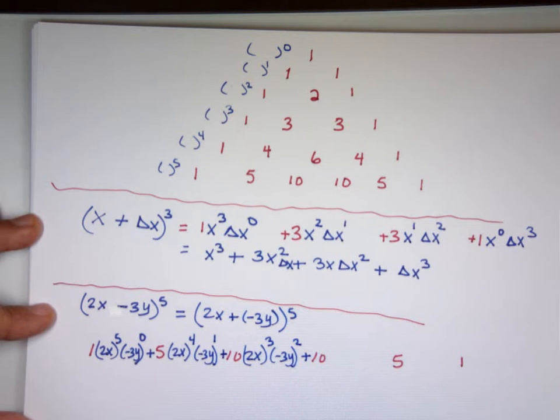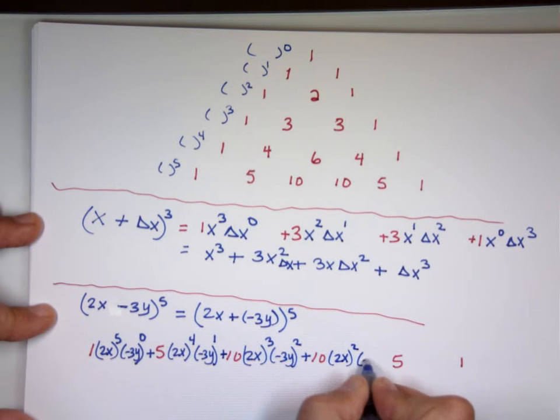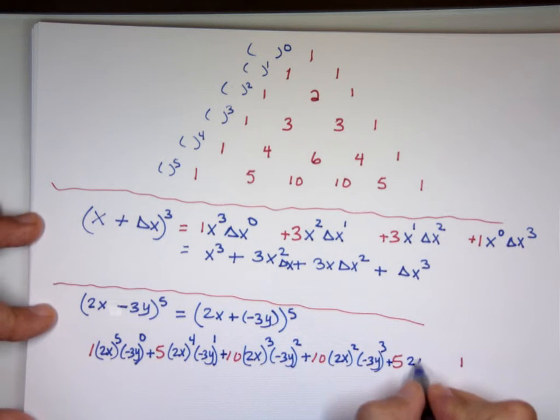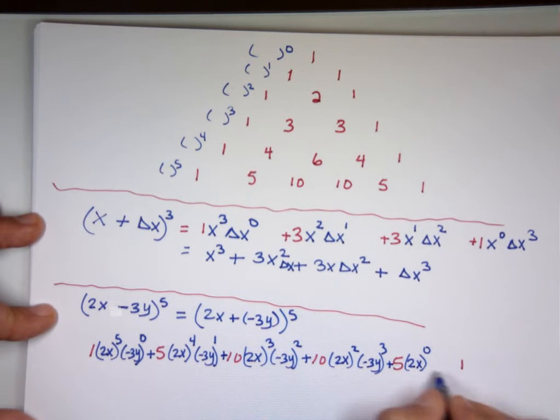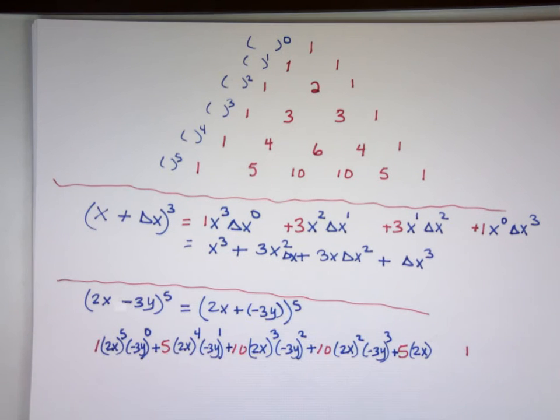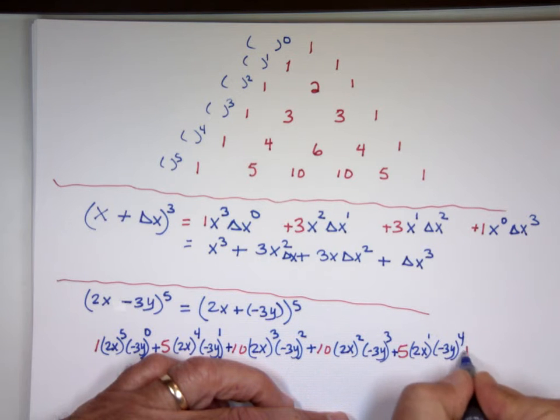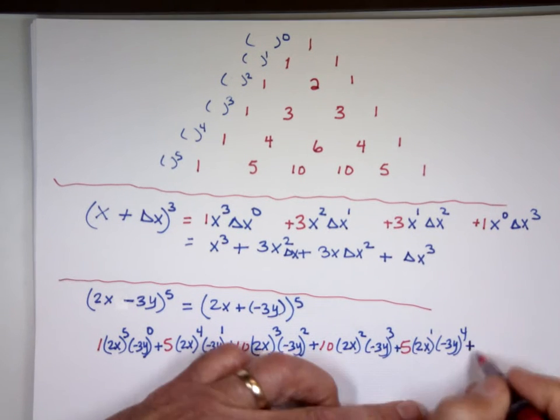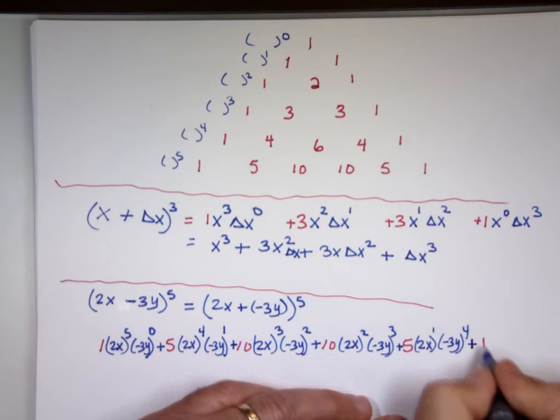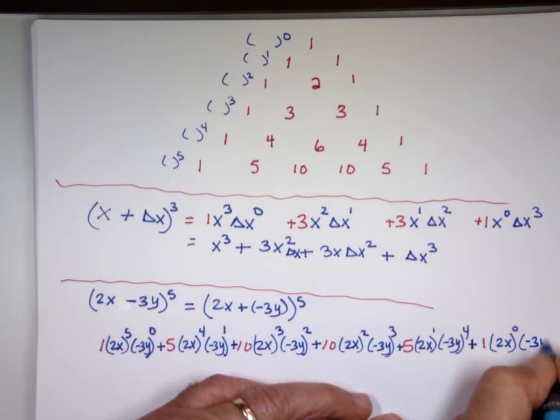Plus 2x to the power of 2, negative 3y to what power? 3. Plus 2x to what power? Oh, not the 0, 1, right? 1. Negative 3y to what power? 4. Plus, there's the 1 here. 2x to the power of 0. Negative 3y to what power? 5.